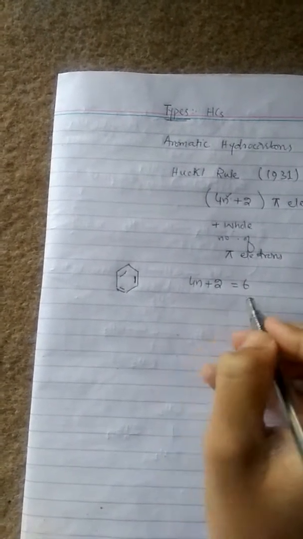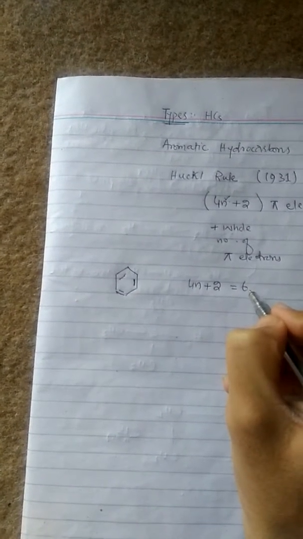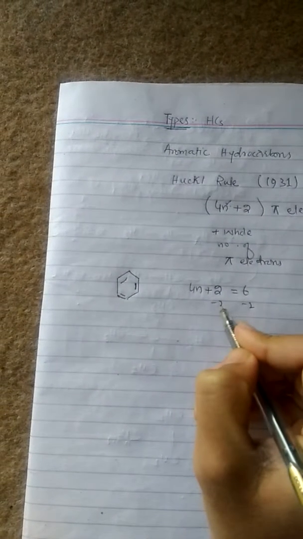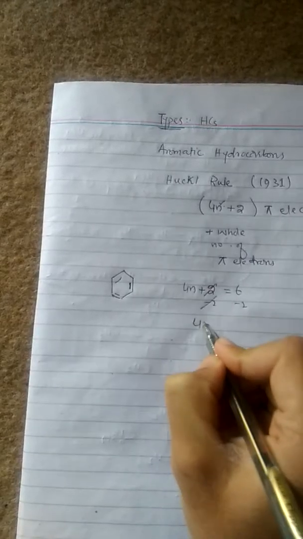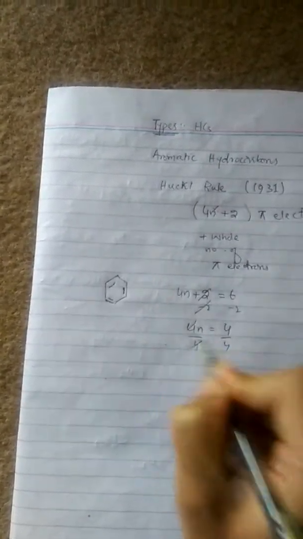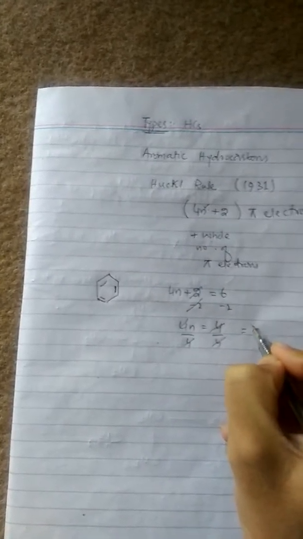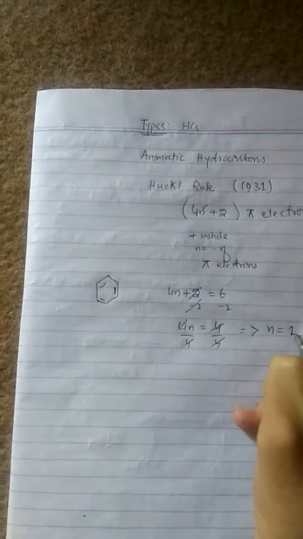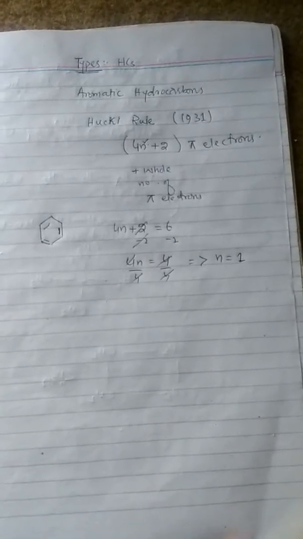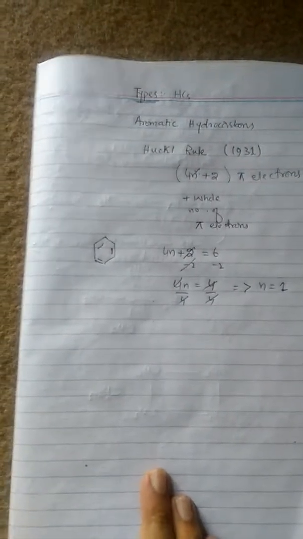So 6 minus 2 gives 4n is equal to 4. 4 divided by 4, so n is equal to 1. 1 is a positive whole number. So benzene is an aromatic compound.